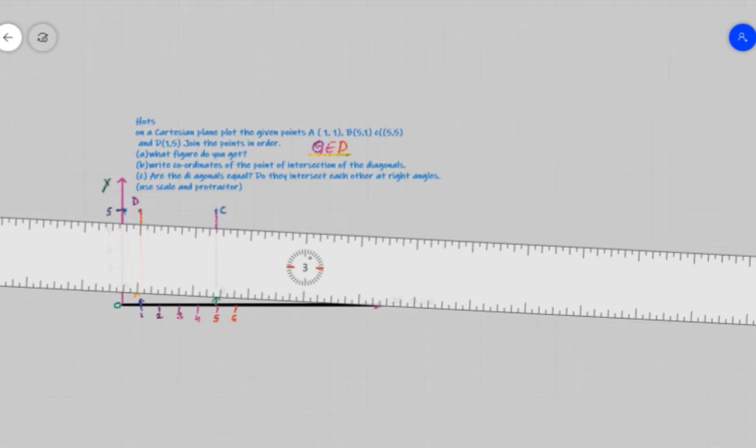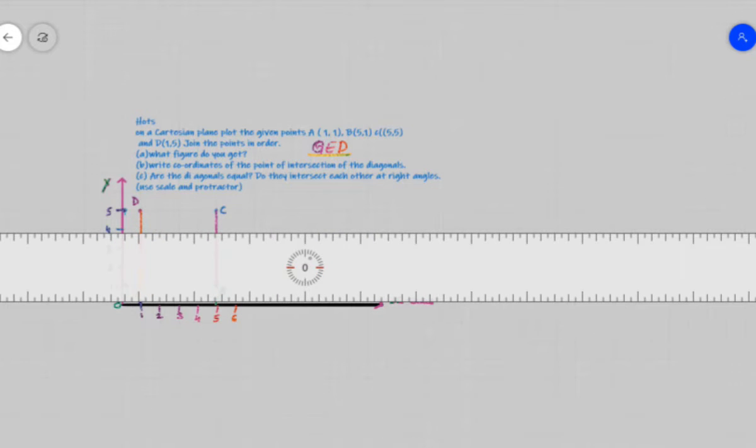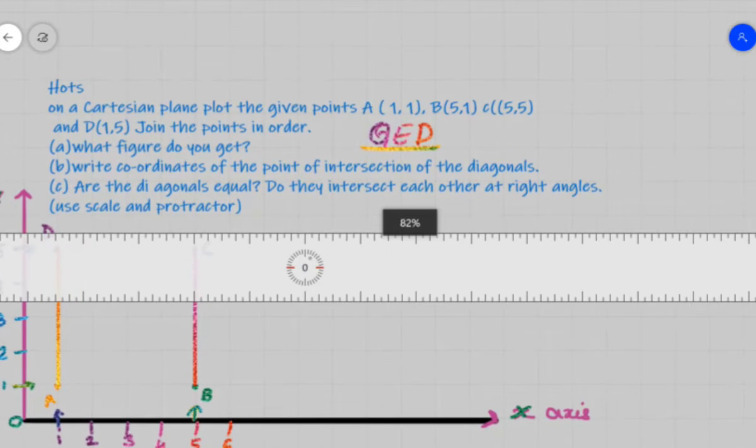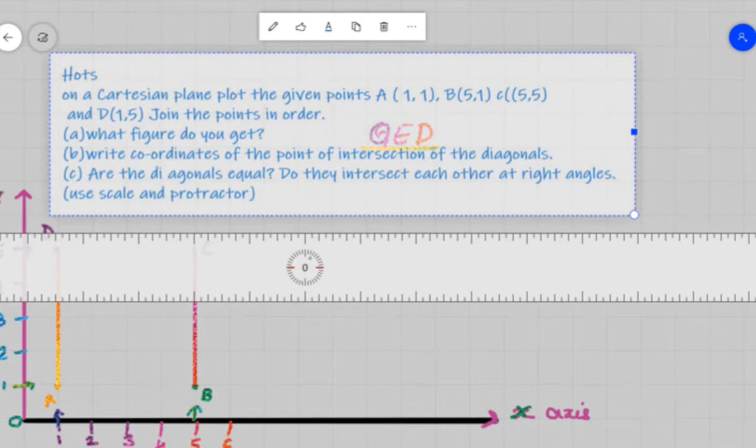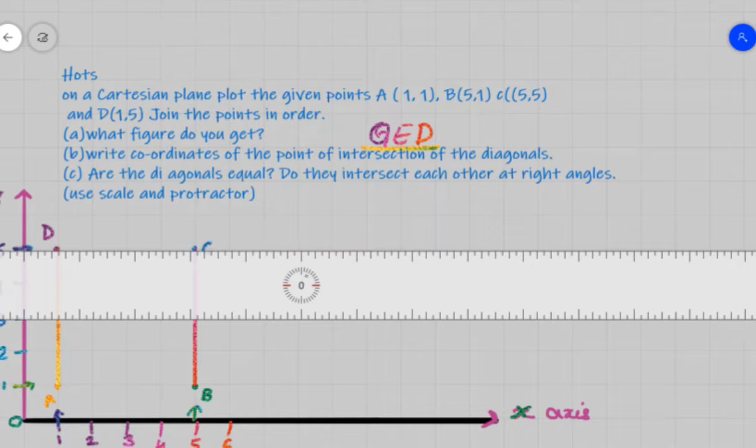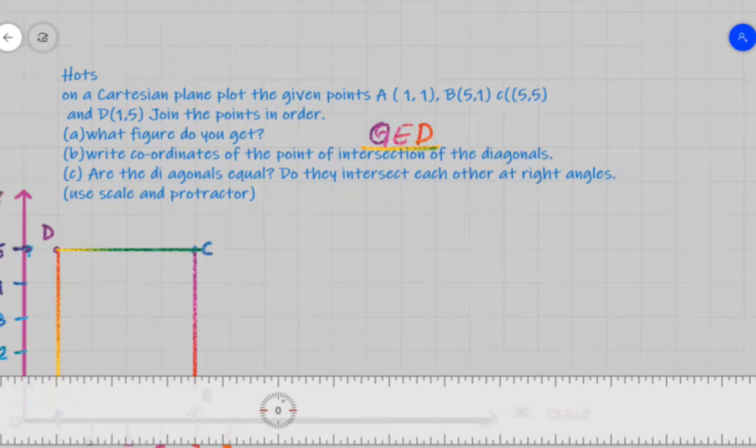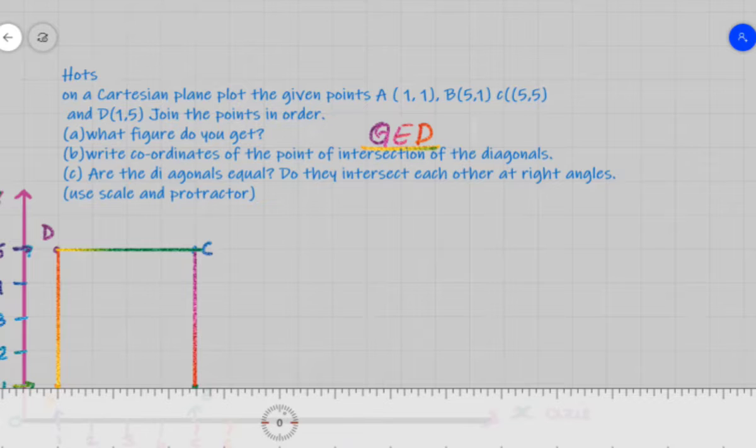Now C, we can join C and D. And now we are joining A and B. Okay, we have joined it.